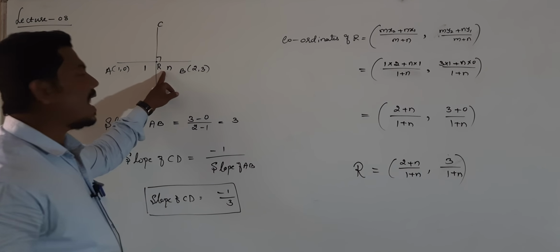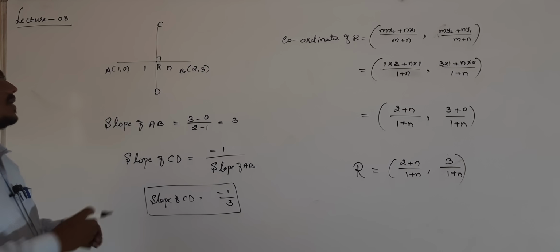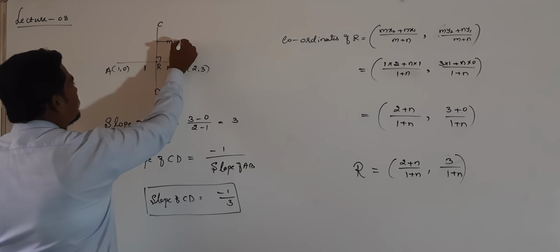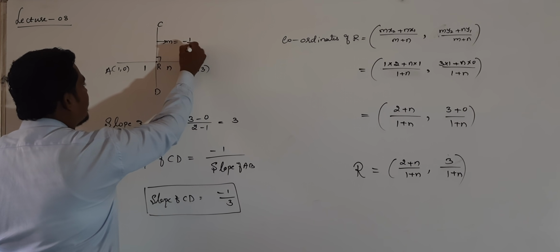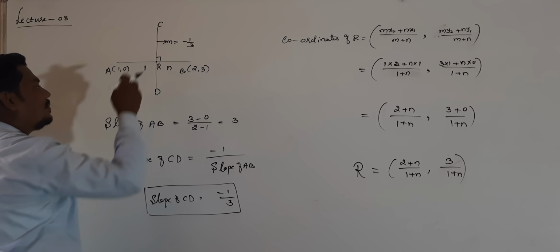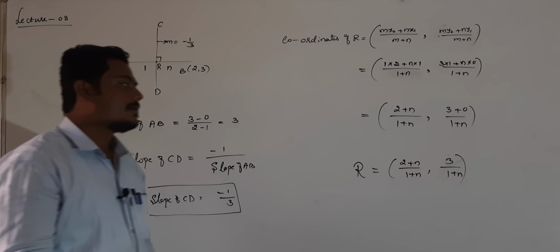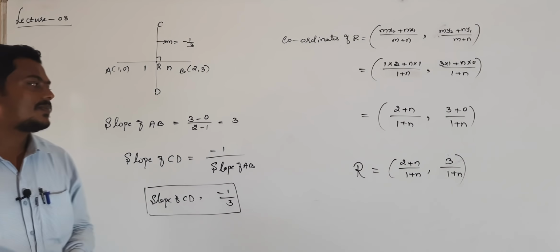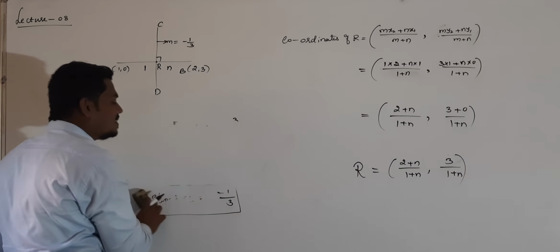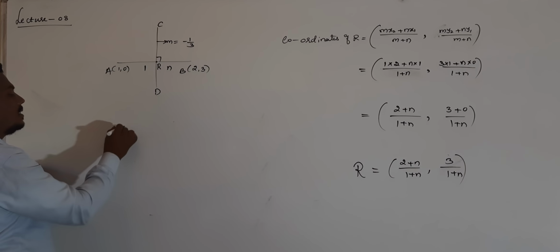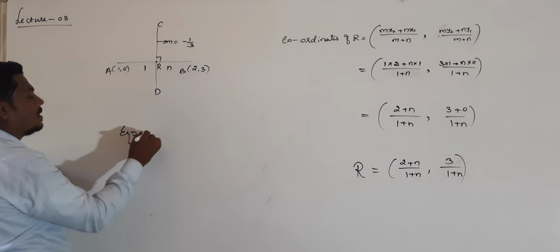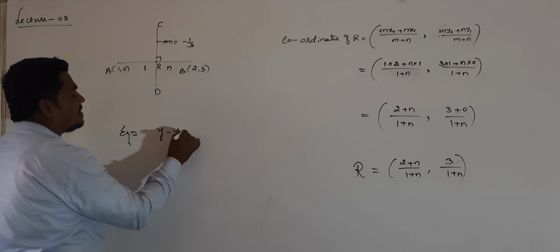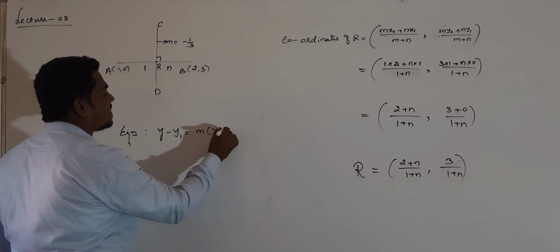Now we have R coordinates and its slope. What is the slope of this CD line? Already known, that is minus 1 by 3. Slope minus 1 by 3 and a point. Use the slope point formula. This is one point and its slope. Required equation is y minus y1 is equal to m into (x minus x1).